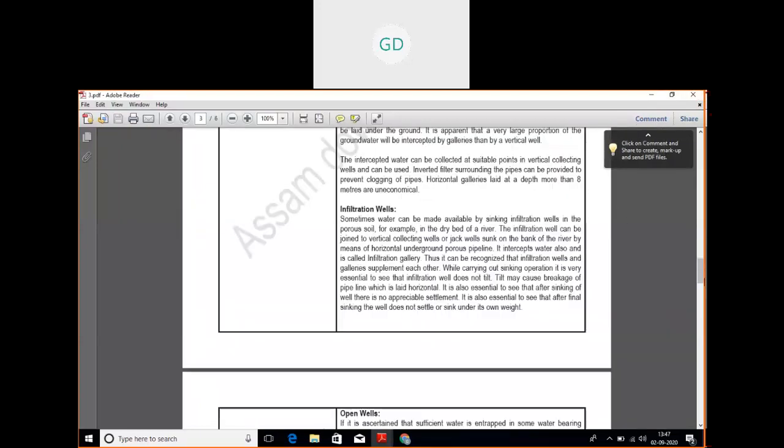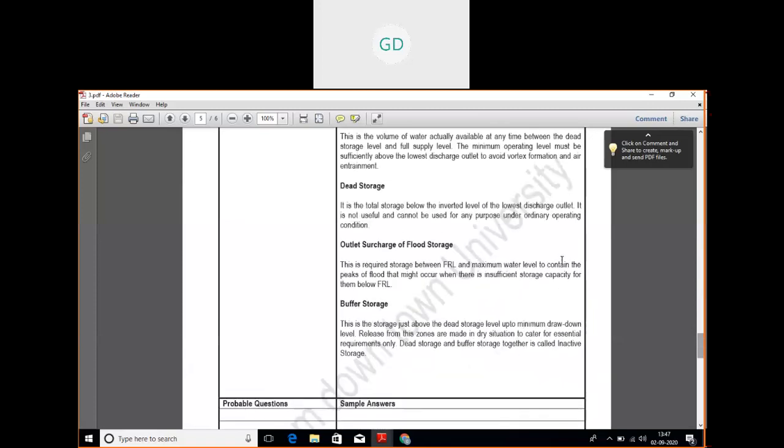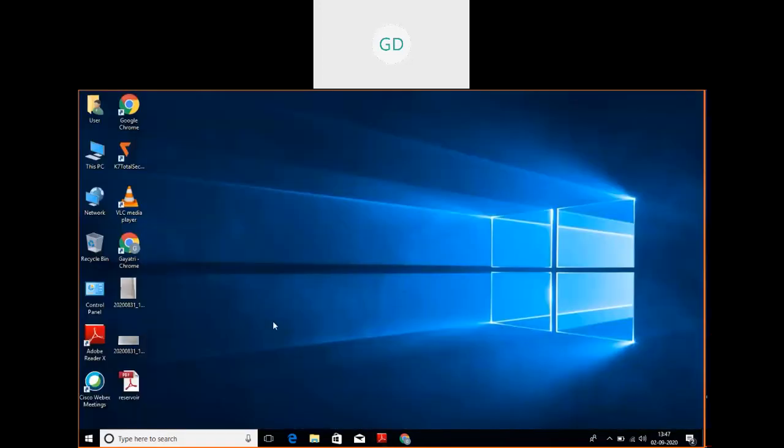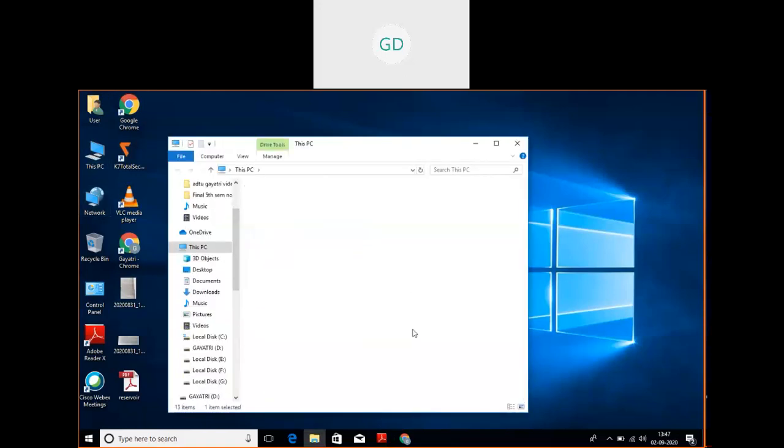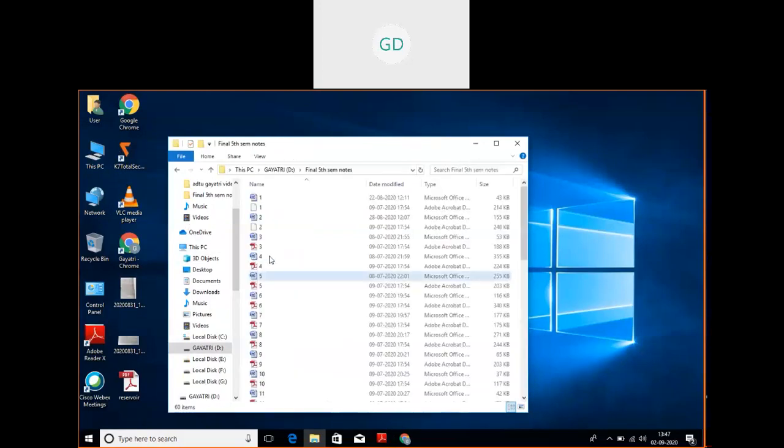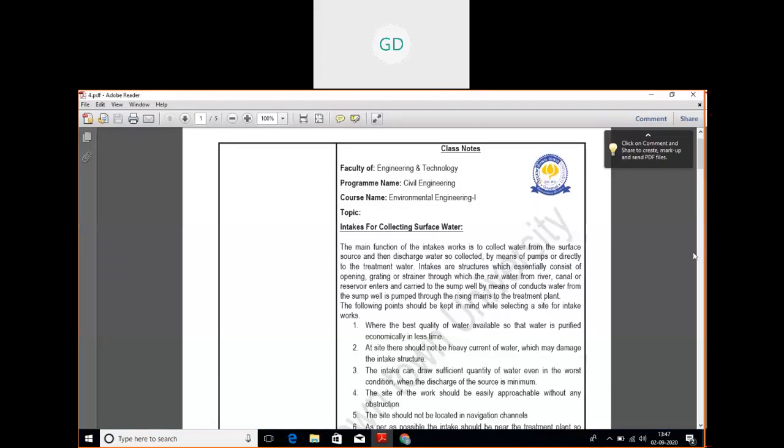Next, this is actually a different chapter, but for this semester it is a topic here: intakes. From the first class, I think you are hearing this word from me, intake.